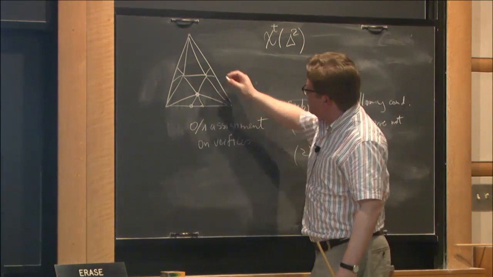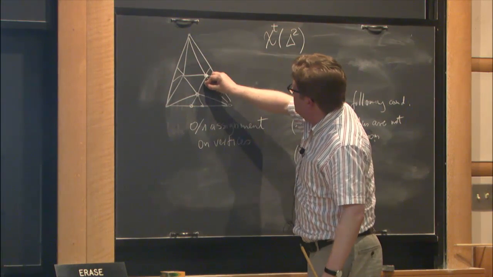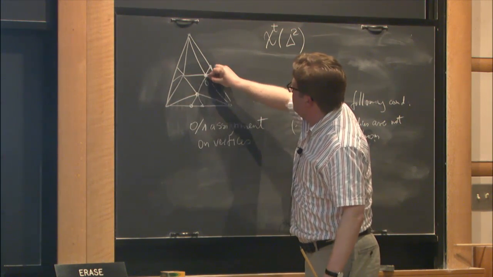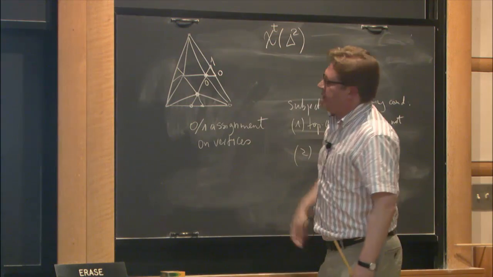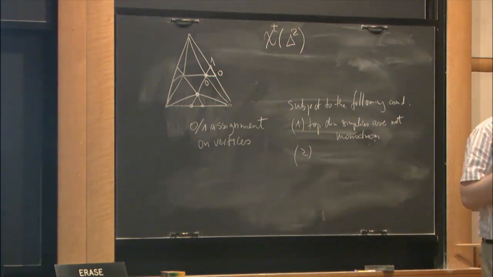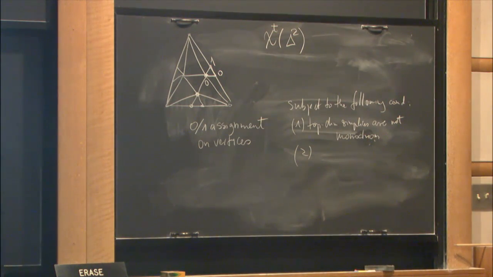But on this one, if I take some triangle here, then I'm not allowed to use the same label, 0 or 1, on each triangle. For higher dimensions, on any simplex, I'm not allowed to use the same labels. That's the first condition.